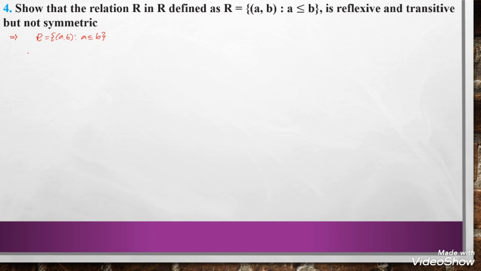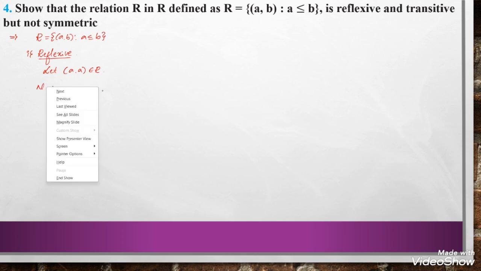Now check the conditions one by one. First one is reflexive. Here, let an element A comma A belong to R. Yes, by the definition, A comma A belongs to R. Now consider an example. 1 comma 1 belongs to R. Is it true?